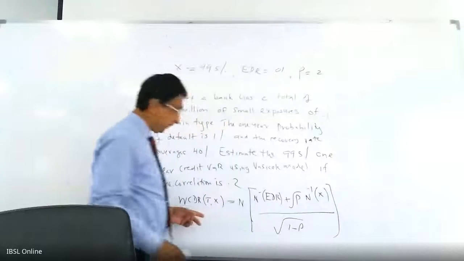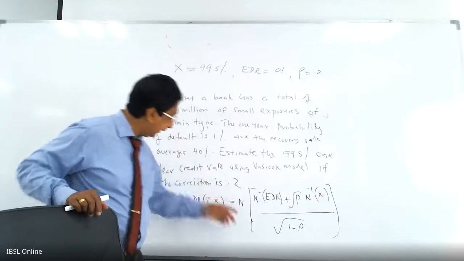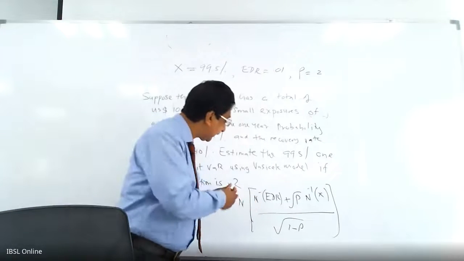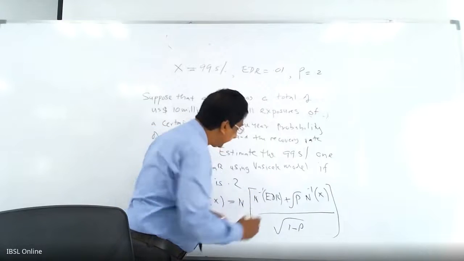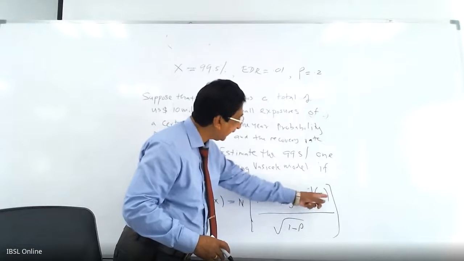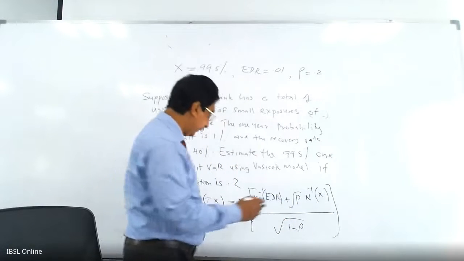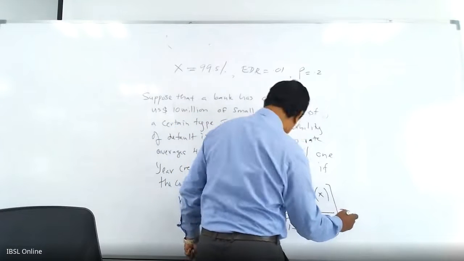Now, this is the Vasicek model. WCDR at Tx is equal to N of N to the power minus 1 of EDR plus square root of rho into N to the power minus 1 of x, divided by square root of 1 minus rho. So we need to apply the values.